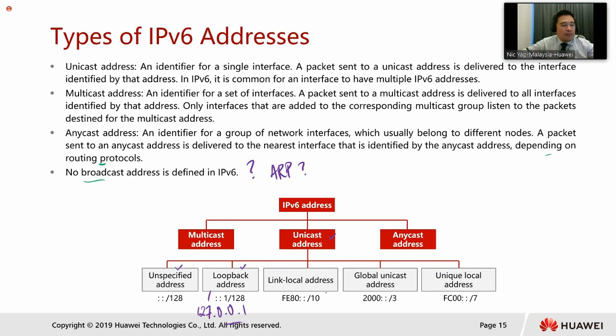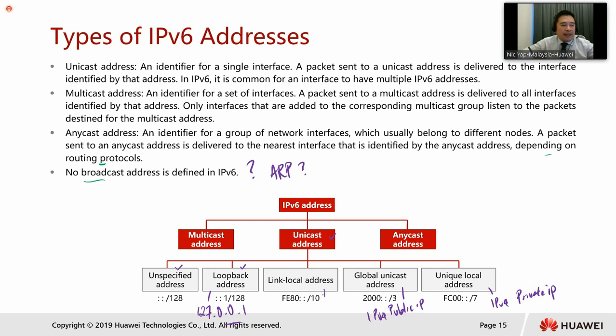What does link local mean? Compared to our IPv4, are you able to link which type of addresses belong to link locals? Global unicast is just like our IPv4 public IP. Unique locals are just like IPv4 private IP.